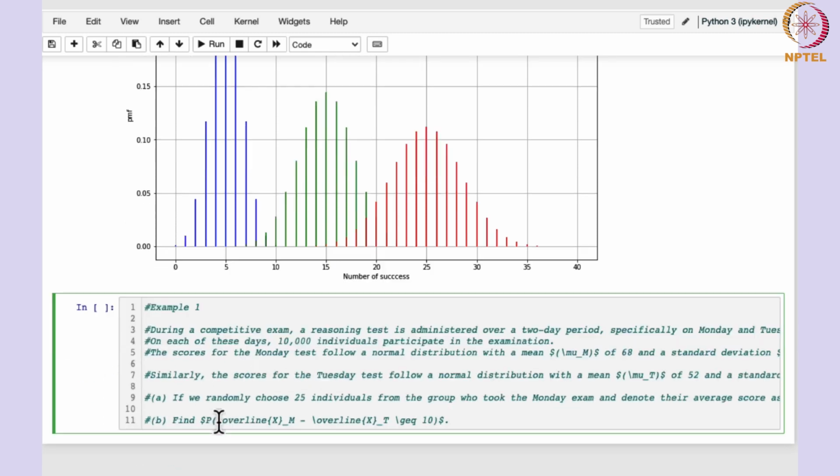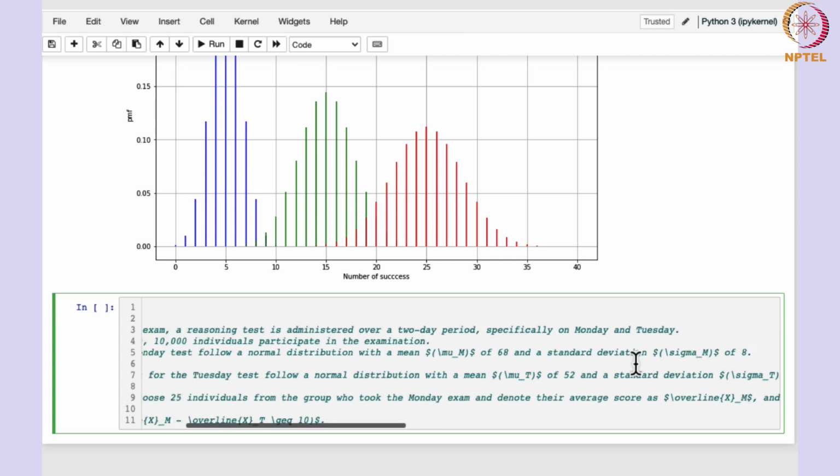So this is the example that we had: during a competitive exam, a reasoning test is administered in a 2-day period, Monday and Tuesday. On each of these days, 10,000 individuals participated. For Monday and Tuesday, both follow a normal distribution with different means and standard deviations that are given to us.